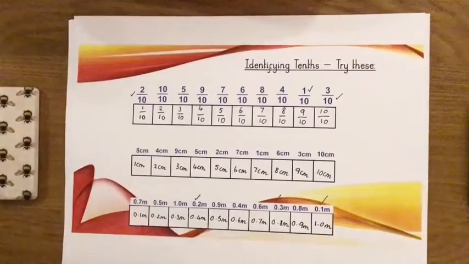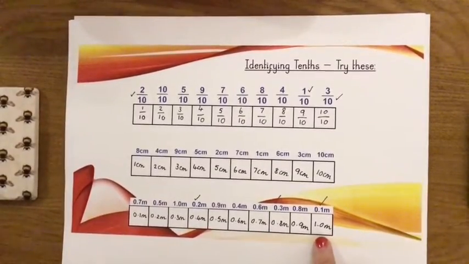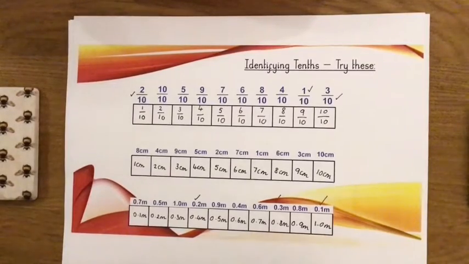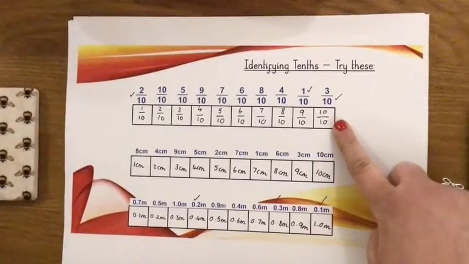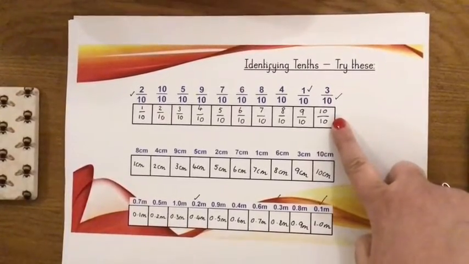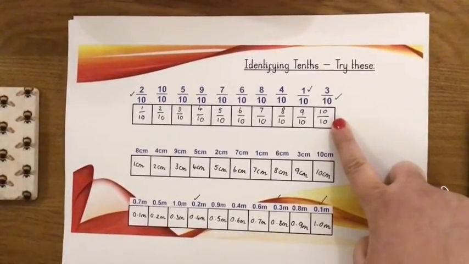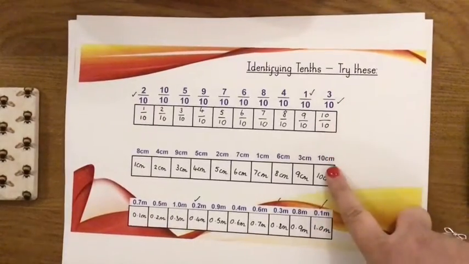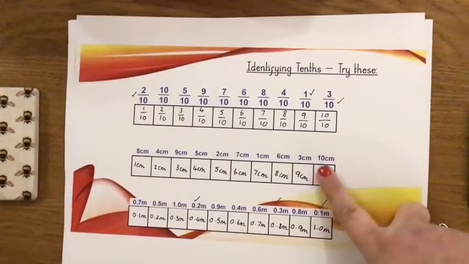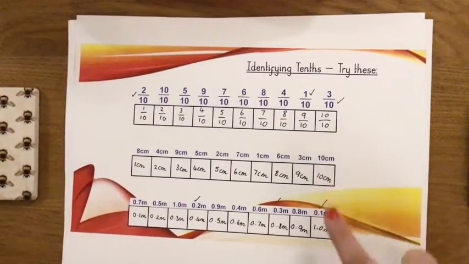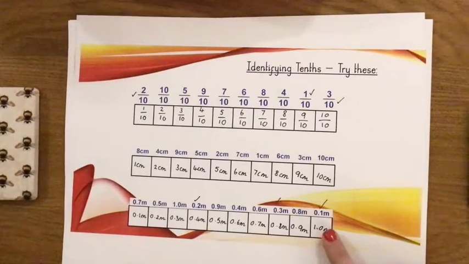Okay, now I did say I was going to explain why this comes last. Now, if you remember me saying in the previous examples, 10 tenths is the same as 1 whole, or just 1. 10 centimetres here is the total amount of tenths, isn't it? And here, this again is the total number of tenths, which is just 1.